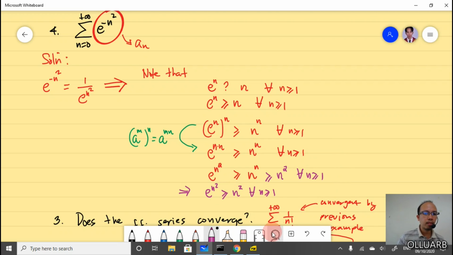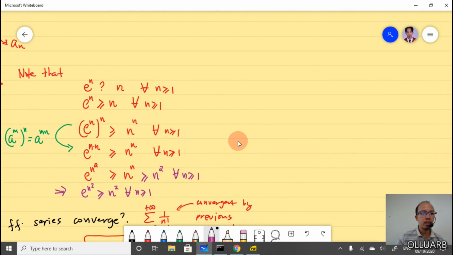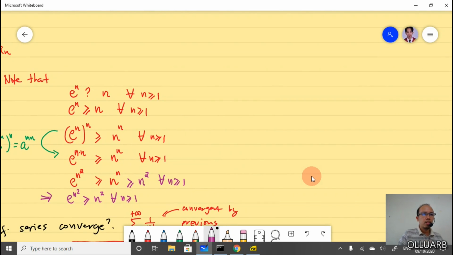Let's move to the other side. This implies that 1 over e to the n squared is less than or equal to 1 over n squared.